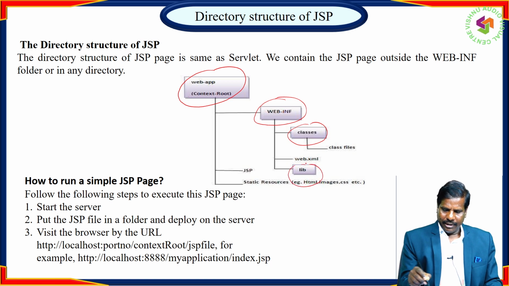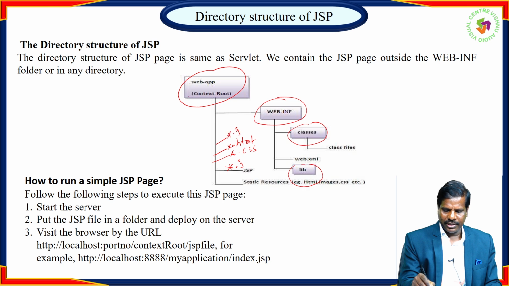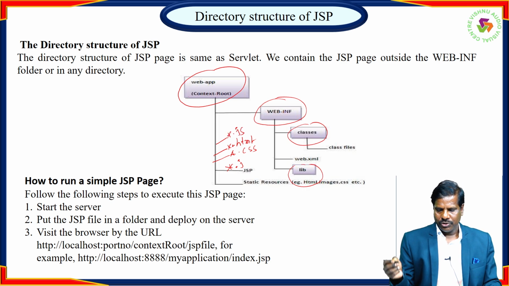JSP files are always kept inside the main folder, all JSP files we have to store here, and also you can store all HTML files, CSS files and JS files in the main folder, all the static pages also.